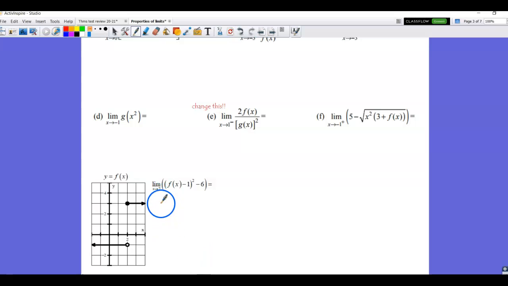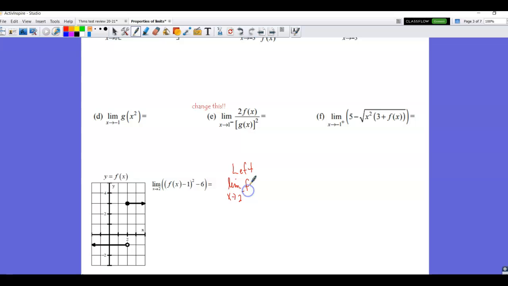And so if we have the limit, I'm going to do the limit from the left. So the limit as x approaches 2 from the left side, and we're going to take this thing apart and work on the inside first.